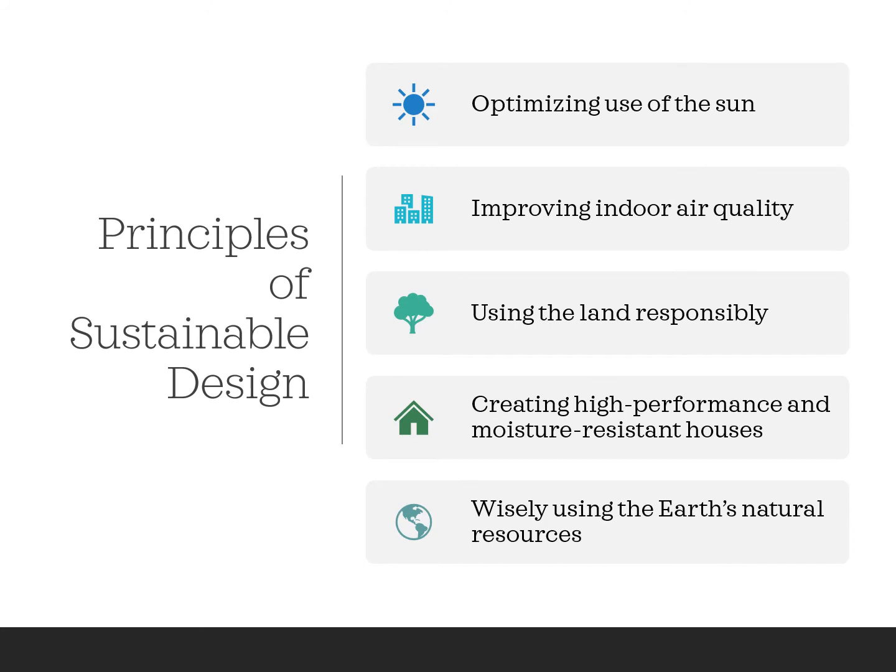Okay, the principles. First we need to optimize the use of the sun. Maybe we need to limit the use of artificial light. We can build the building with window glass, and then we have to improve the indoor air quality and use the land responsibly.